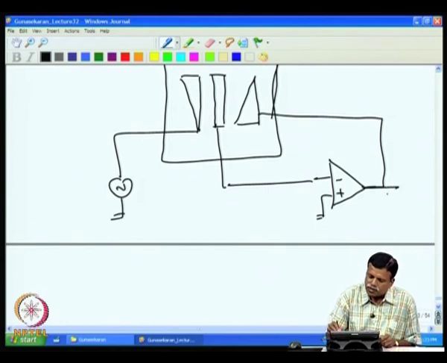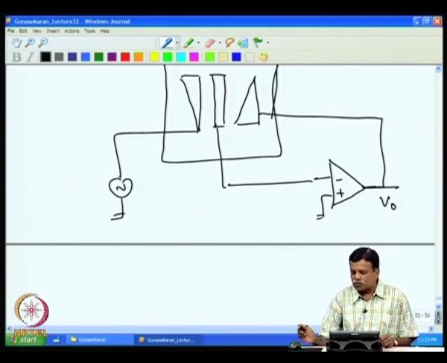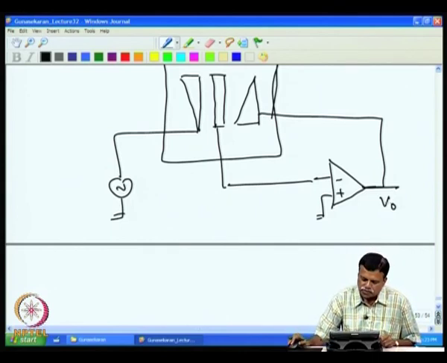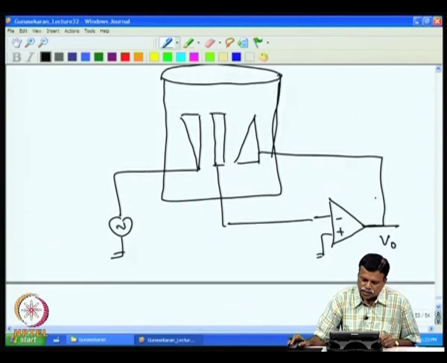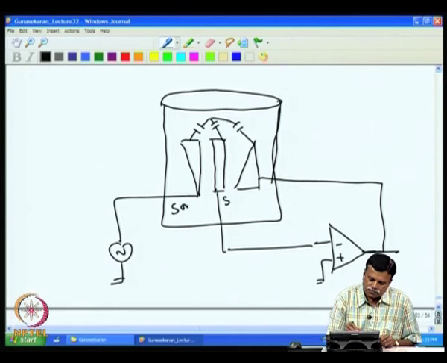Now, this output depends upon the water level, and it is a wonderful circuit which has very little effect due to the stray capacitance and so on. Now, if water is there, essentially we have a capacitance formed from here to water, and water to air, and then from air to water, and then to the sense electrode. This is the sense electrode, this is the source electrode, this is the feedback electrode.